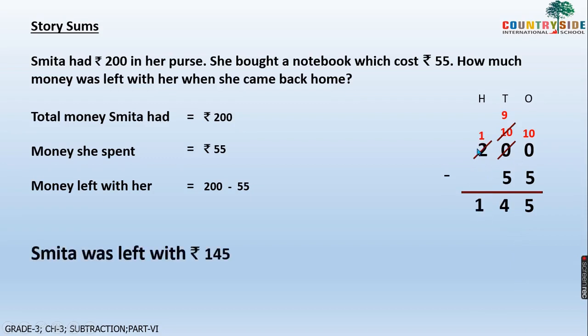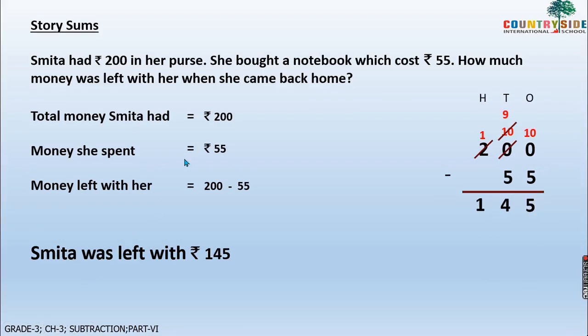You will write this 1 as it is. So what is the answer, children? 145. When you subtract 55 from 200, you will have 145. So we have finished the first example of story sum.